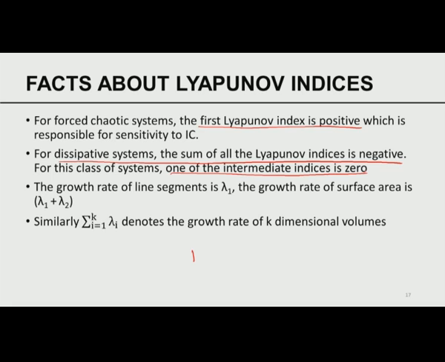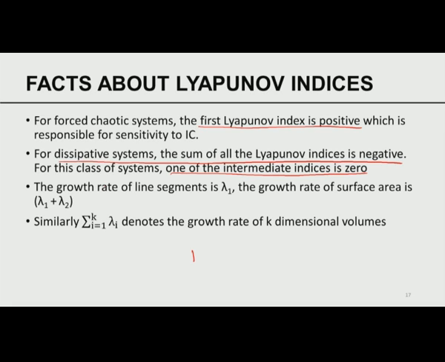So what does lambda 1 tell you? If I have a 3-dimensional system, I have 3 Lyapunov indices. Lambda 1 tells you the growth rate of errors along one line. Lambda 1 plus lambda 2 refers to the growth rate of surface areas.